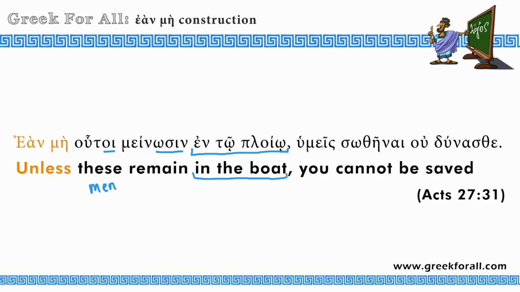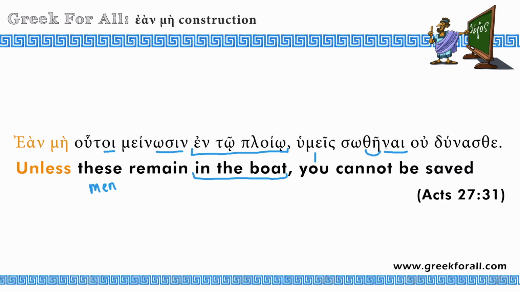And now we have another clause. Humeis means you, and this is our verb, sōthēnai. It is an aorist passive infinitive. We have the infinitive ending nai. We have the passive aorist suffix thē, and this is the root from sōzō, I save.